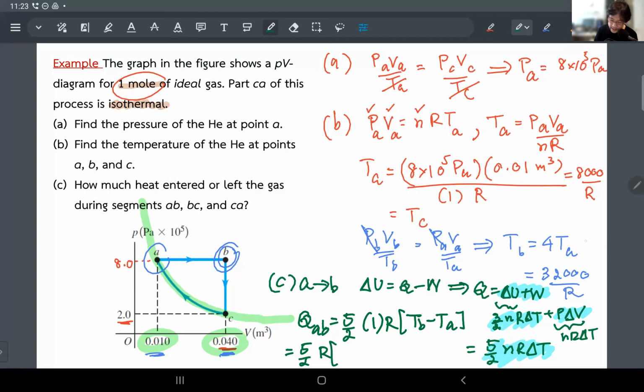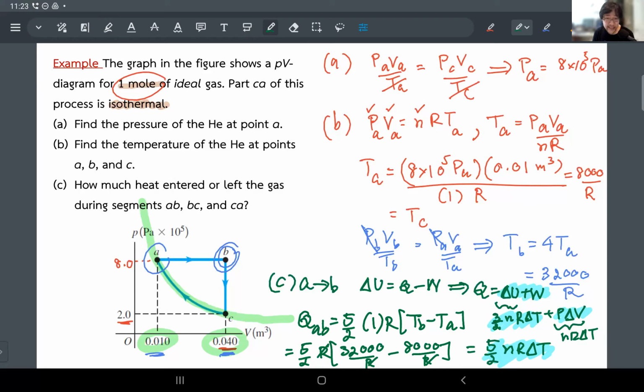T at B is 32,000 over R. T at A is 8,000 over R. See, the good thing is R gets canceled. Nice. So you get the amount of heat flow during the A to B segment to be, what's that?